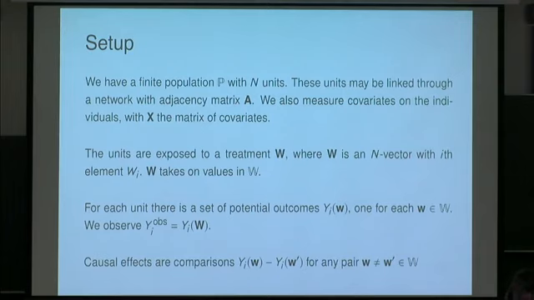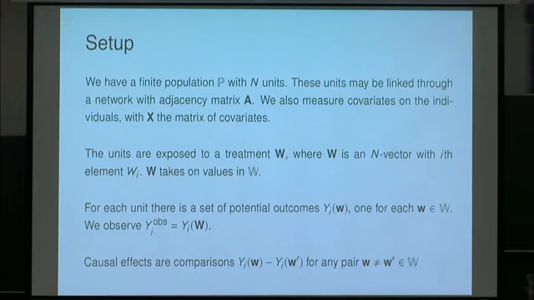Okay. So the setup here is that we have this finite population of units. These units are connected with some adjacency matrix A. And then we measure potentially covariates X as well. So then we have this n vector W. That's our treatment assignment. And so for each unit, there's a set of potential outcomes, Y_i(w), one for each of the possible w's, right?